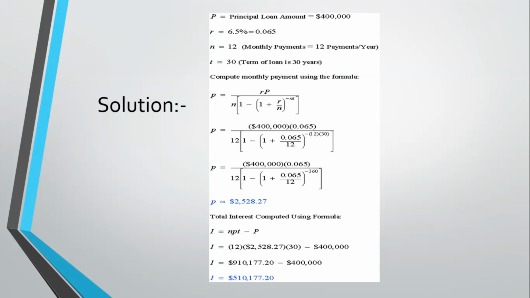The last total is p equal $2,528.27. Next, total interest compute using formula I equal npt minus P. The last total is I equal $510,177.20.